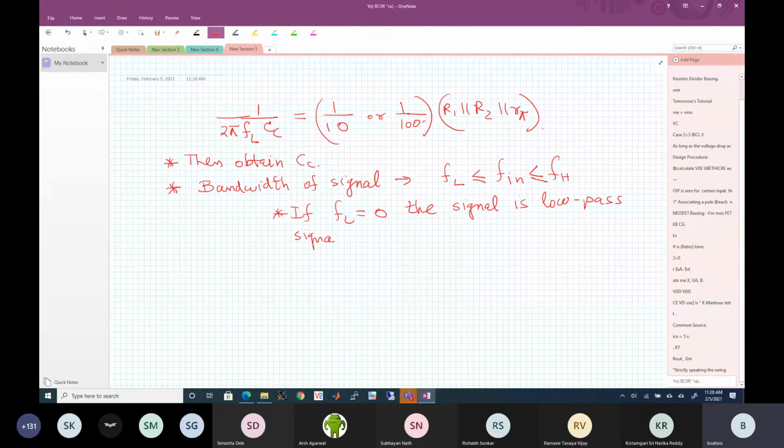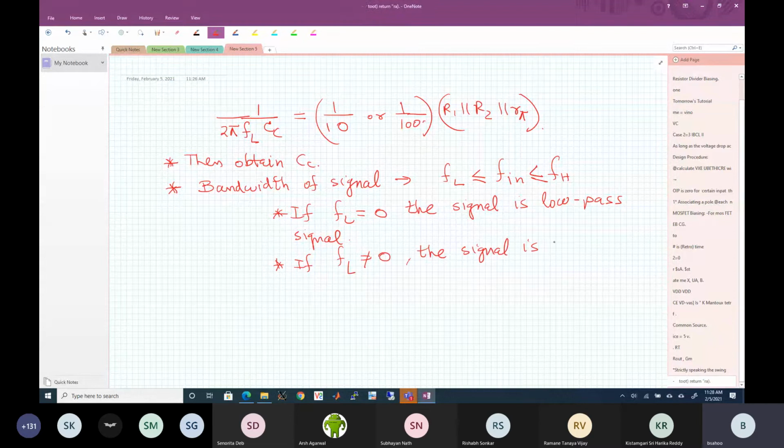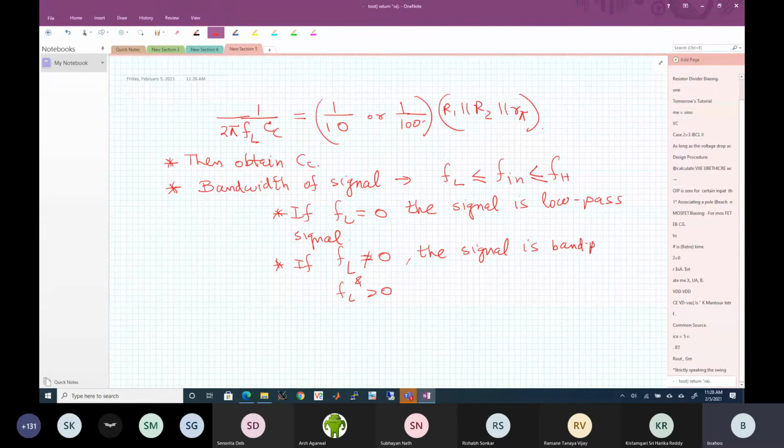Okay, if FL is not equal to 0, and FL is greater than 0, the signal is a band pass signal.